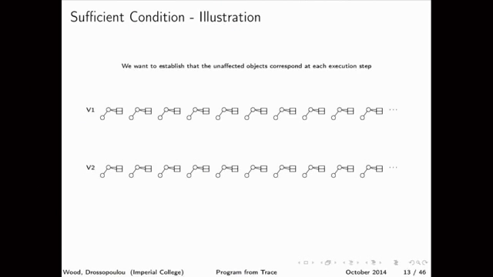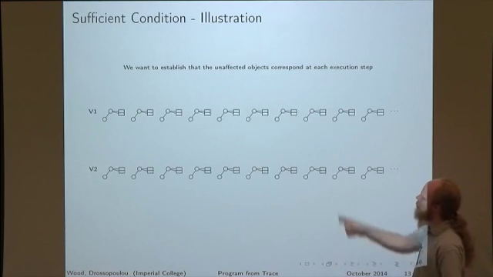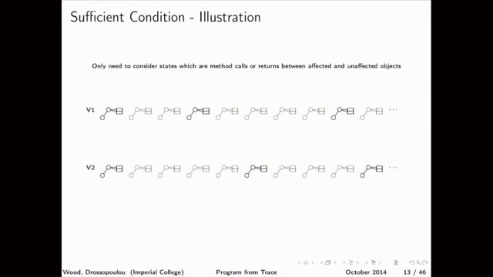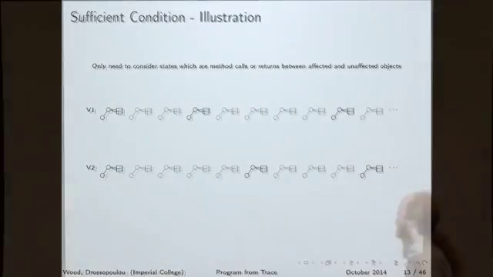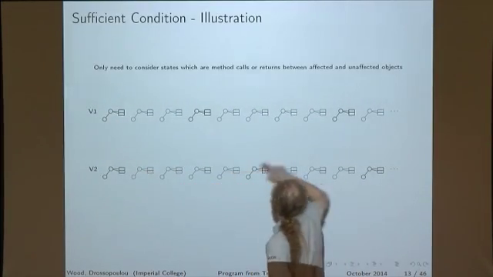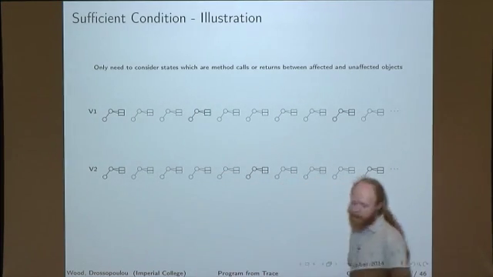So this is an execution of version 1, this is an execution of version 2, and these are all different states. I drew them all the same. It's really subtle, isn't it? I meant to fix that. So we only have to consider some of the states. So here, this one, this one, this one, this one, this one, this one, which are where method calls happen. Method calls or returns happen between the affected and unaffected objects.